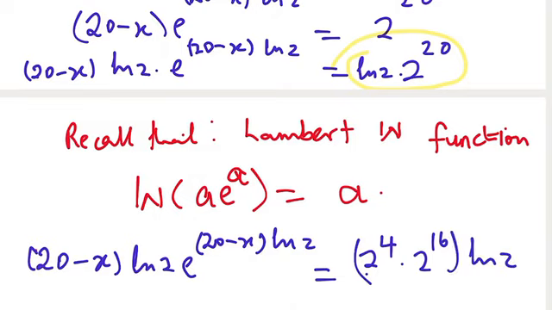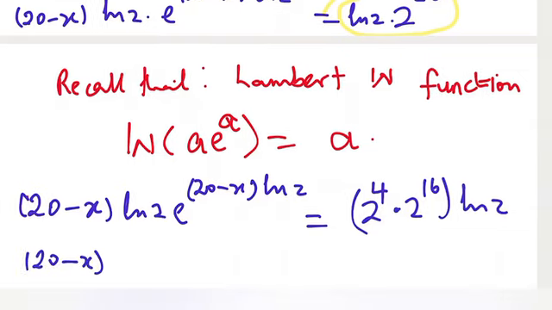So this 2 to the power of 4 multiplied by 2 to the power of 16 is 2 to the power of 20. Do you understand? It's 2 to the power of 20. We try to split like that. Understood? So by doing that, we're going to have 20 minus x ln of 2 e to the power of 20 minus x ln of 2, then equals.